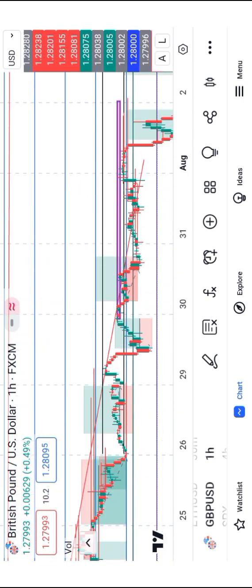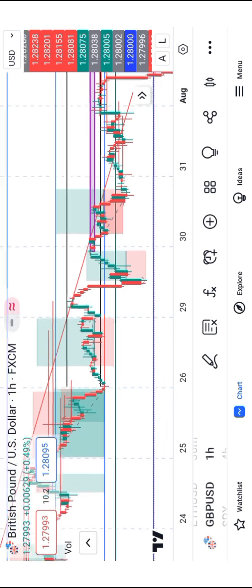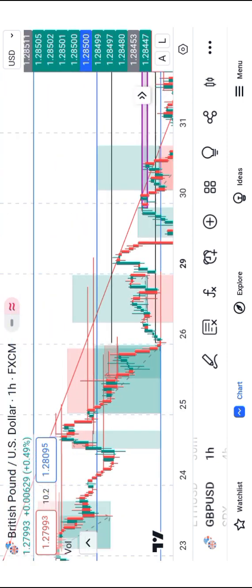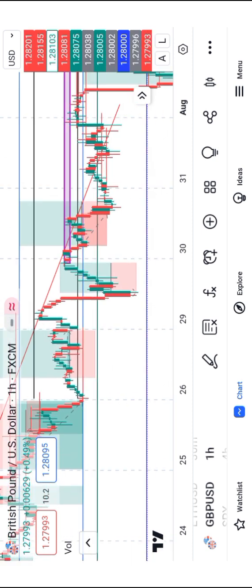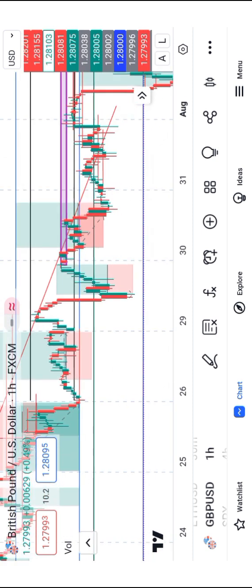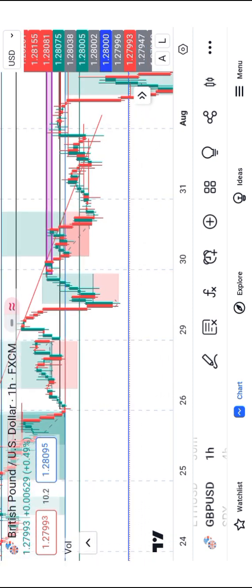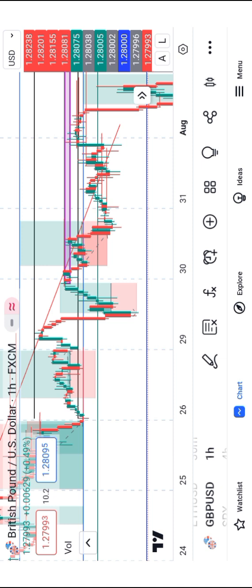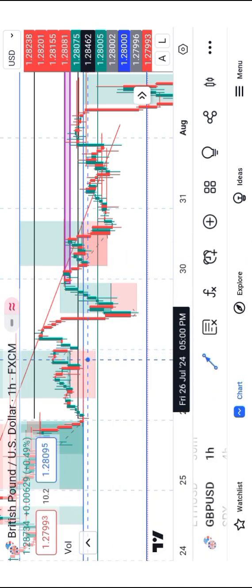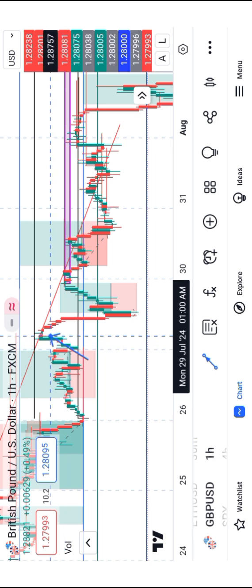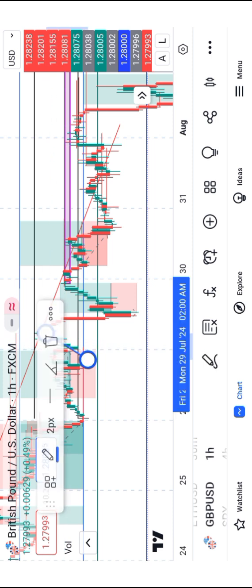I don't know if you remember my last video. I adjusted my trend line to this high here, and price kept on tapping the trend line, and at any tap you see the push. See the first tap here, the first touch to the trend line, you can see the push.